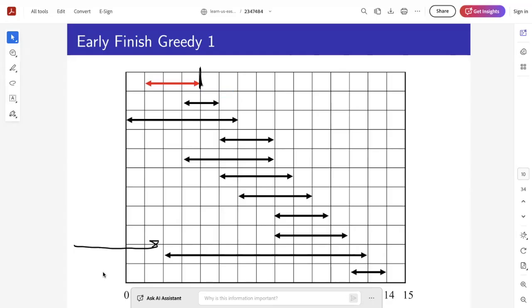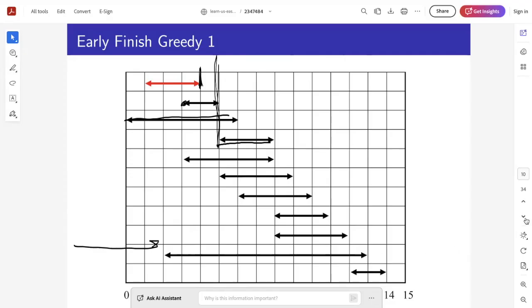Then we scan to the next one. This is the next one, but the start time overlaps with the finish time of the previous choice. So we go to the other one. This is the same thing. Then we go to the other one, and this time we can select this.